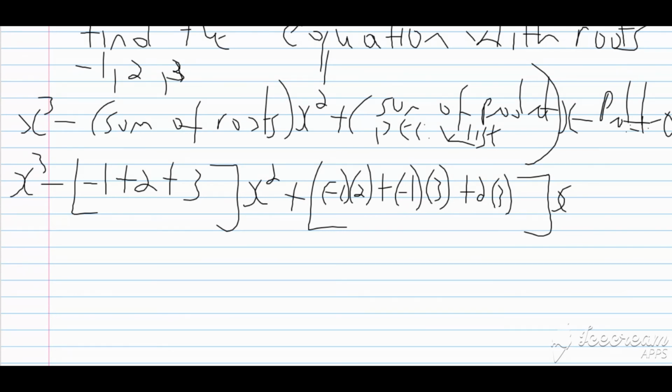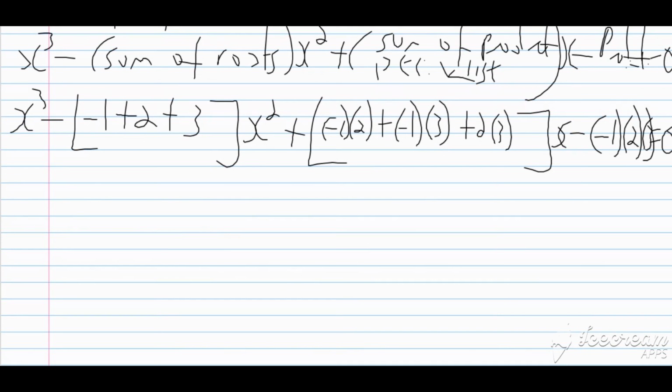So all this is the coefficient of my x, minus the product of my roots. So I have negative 1, 2, 3, and all this is equal to 0. So this is going to break down to give me x cubed minus 4x squared plus x plus 6 equals 0.